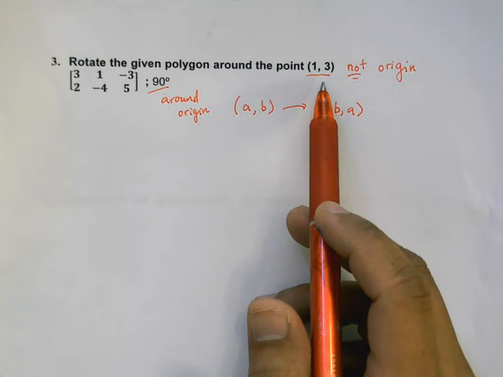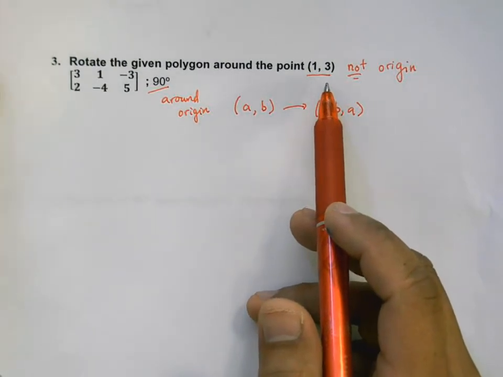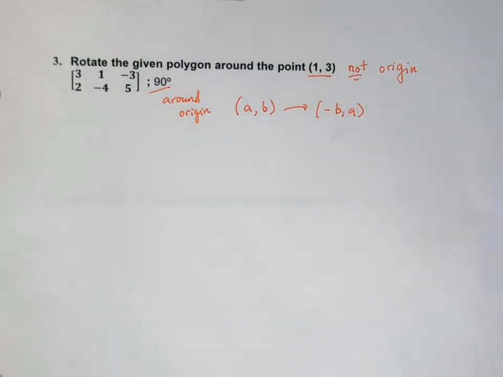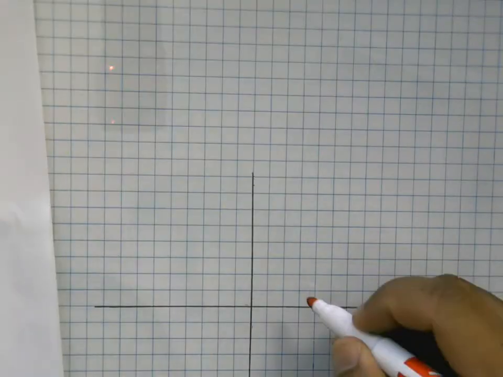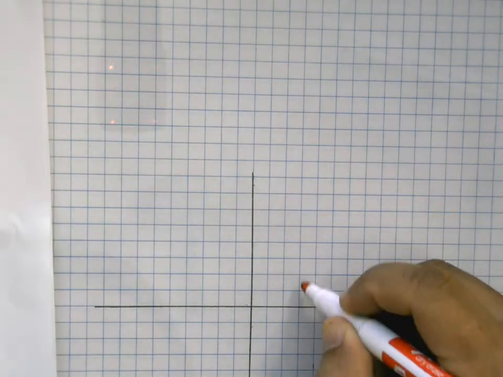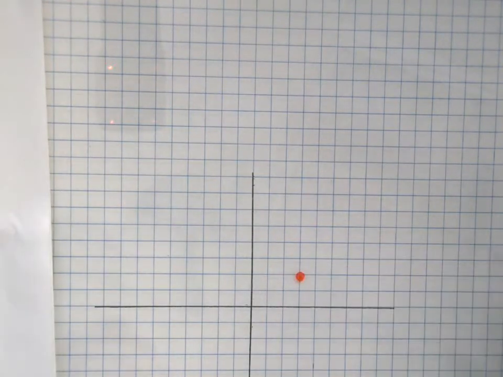You know, what are we supposed to do when it's not around the origin? Well, I'm just going to start out by graphing this, and then we can discuss different methods and ideas when we have to deal with something that isn't around the origin. Okay, so my first point is (3, 2). So 1, 2, 3, 1, 2.